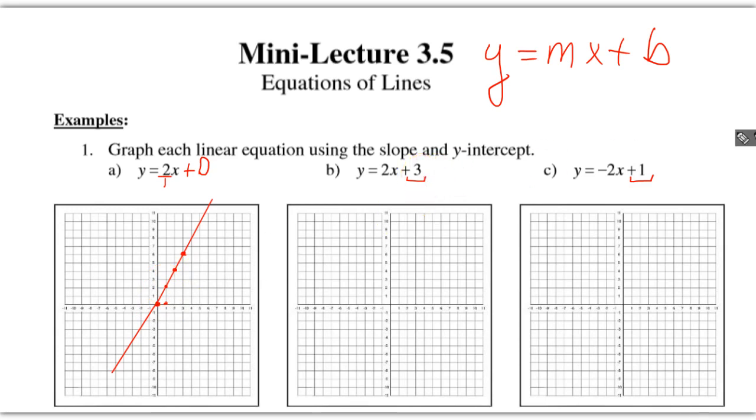All right, let's take a look at this one here. Here our y-intercept is 3, 1, 2, 3, so a dot there. Again, our slope is 2 over 1, so from our y-intercept, go over 1, up 2, over 1, up 2, just to get some more points.